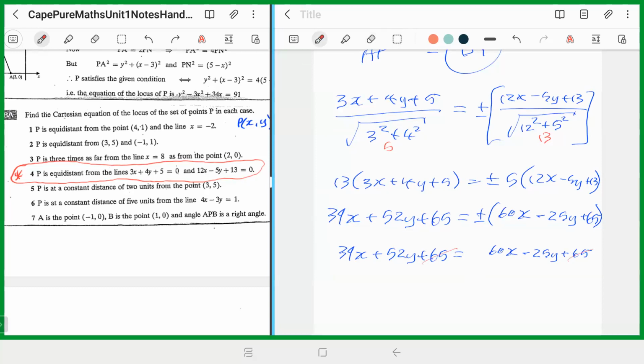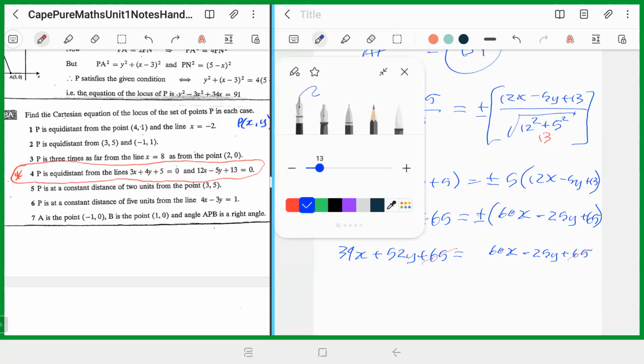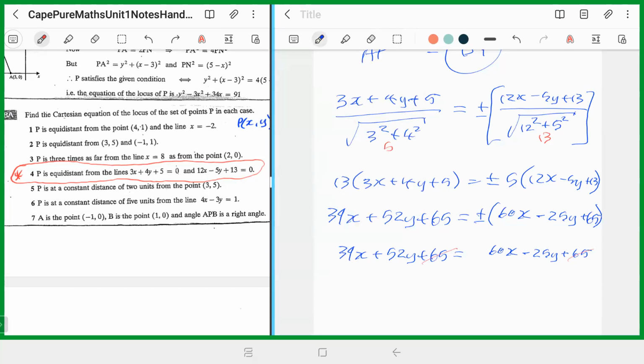And if you consolidate the values in terms of the x values, it's 39 minus 60. So that's minus 21x.